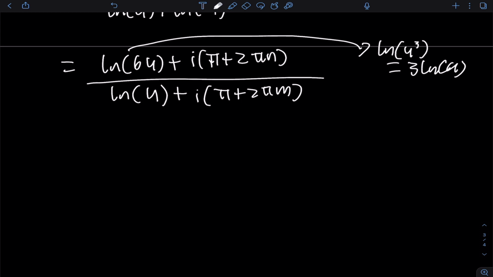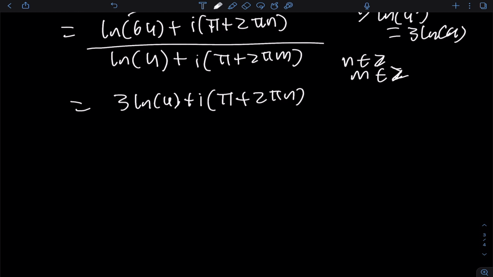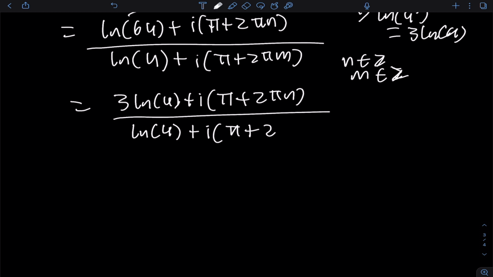So what we have now is 3 times the natural log of 4 plus i pi plus 2 pi n, and let's note that n is an integer and m is also an integer, but they are not the same, but they can be the same, and that's all divided by the natural log of 4 plus i pi plus 2 pi m.